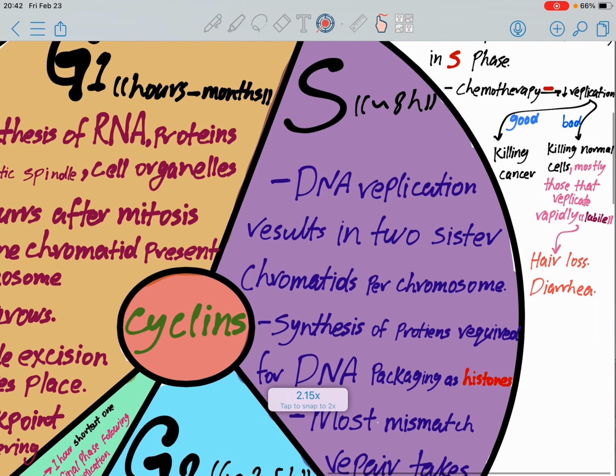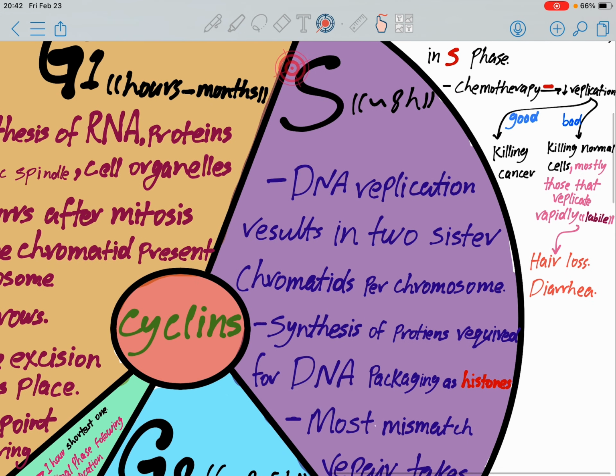Moving on to the next one, which is the S phase. It stands for synthesis, and it needs 8 hours. The DNA replication takes place here and results in 2 sister chromatids per chromosome.